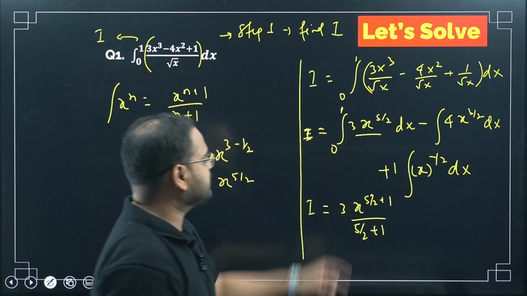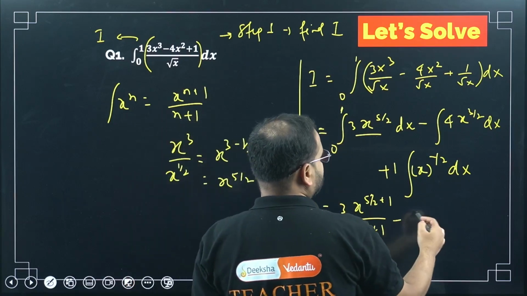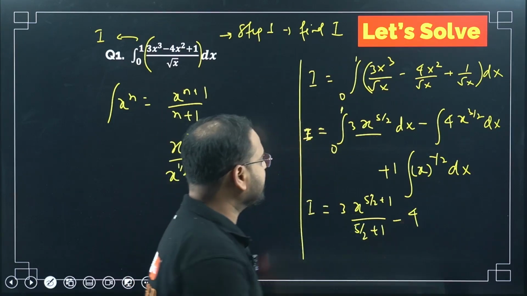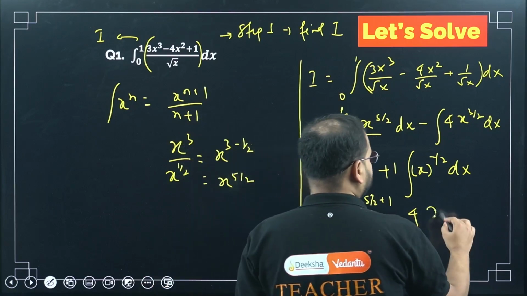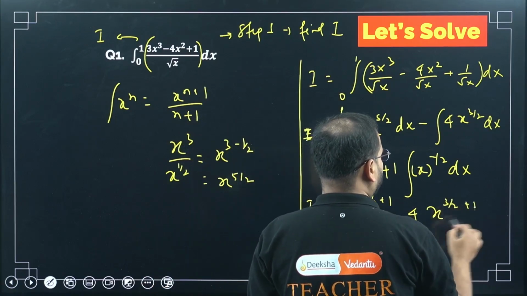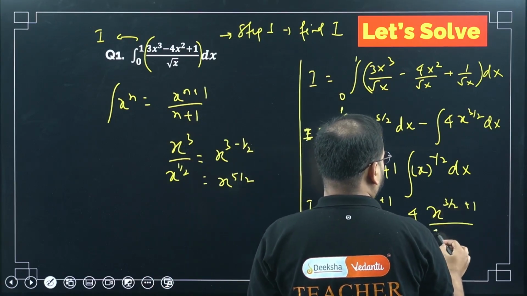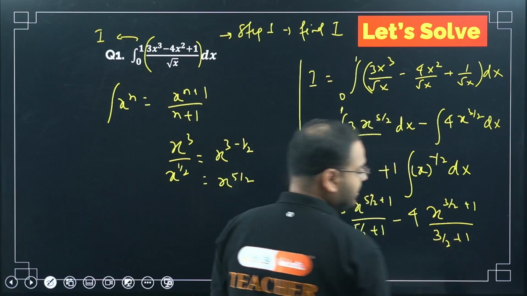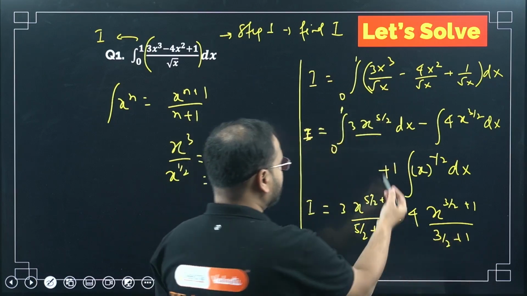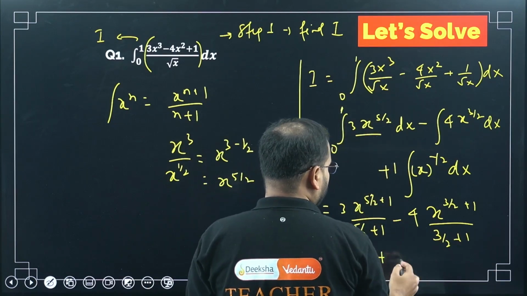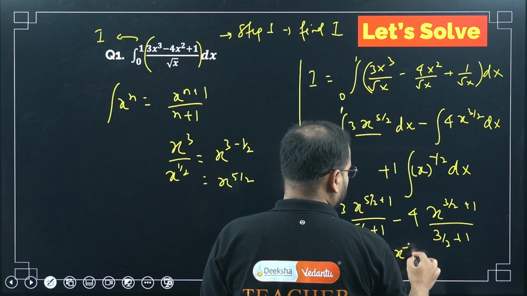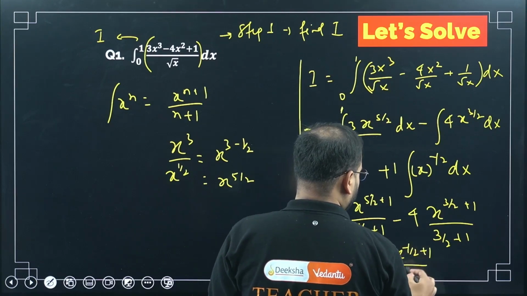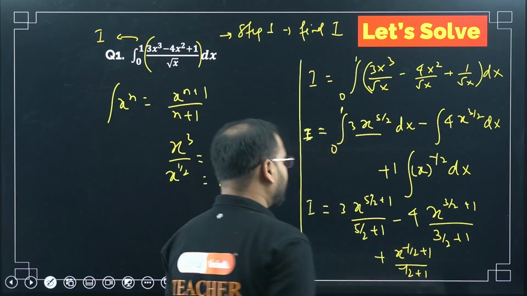The same I'm going to do for the next one, but with the minus sign: minus 4 times x power 3 by 2 plus 1 upon 3 by 2 plus 1. The same over here, plus x power minus 1 by 2 plus 1 upon minus 1 by 2 plus 1.